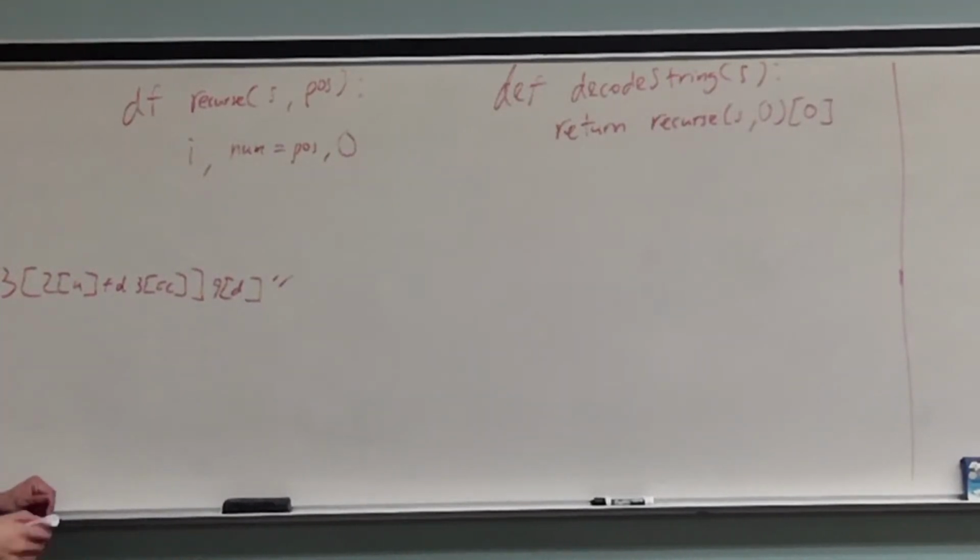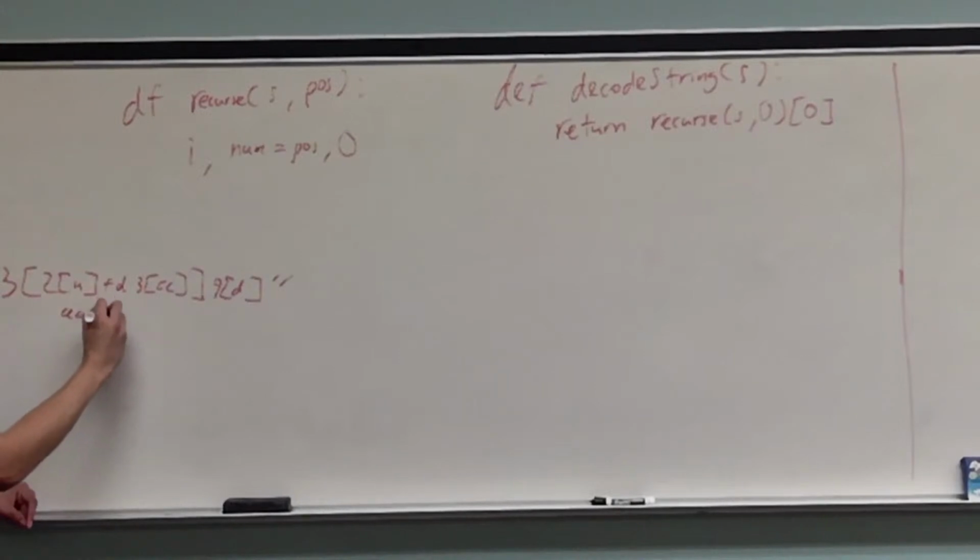We kind of do need a position because we need to get this position, right? And then from this position, we want to add it to this subproblem. And then we want to skip this bracket to add f and d.